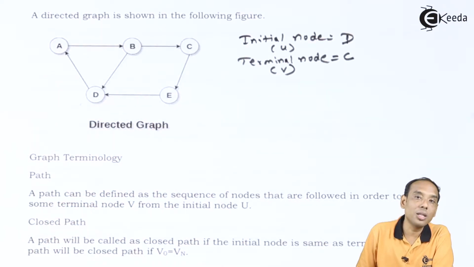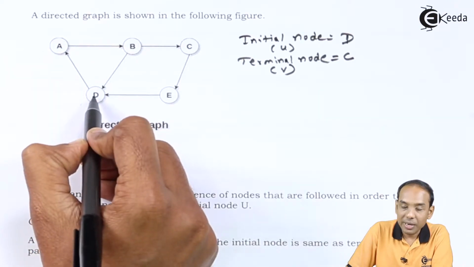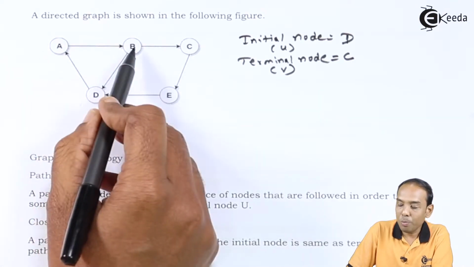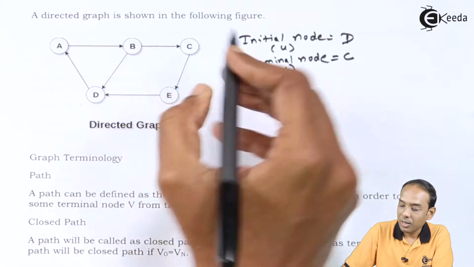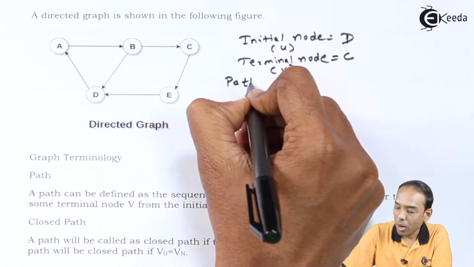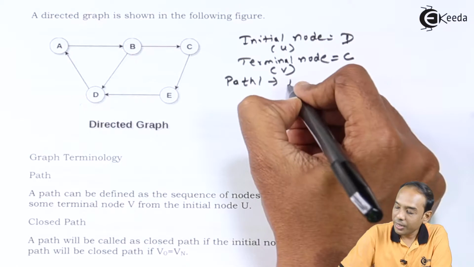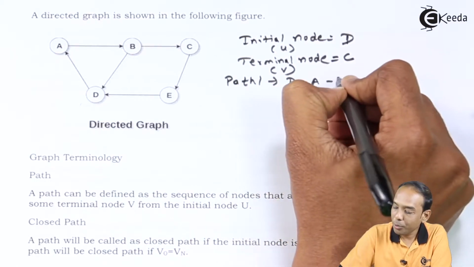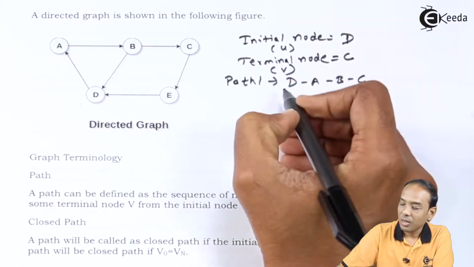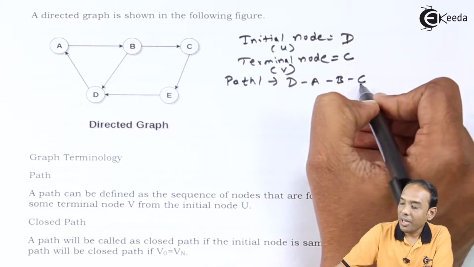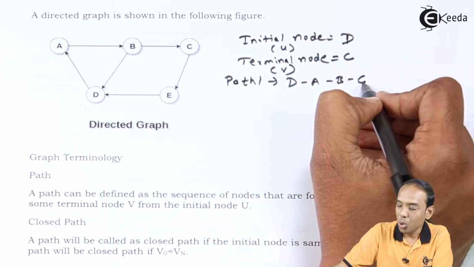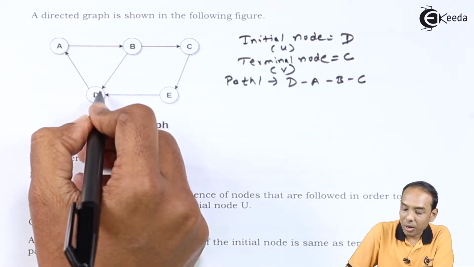Let us look at what the possible paths are. Path number 1: D to A to B, B to C. We have started with the initial node and reached the terminal node. Let us look at another path.